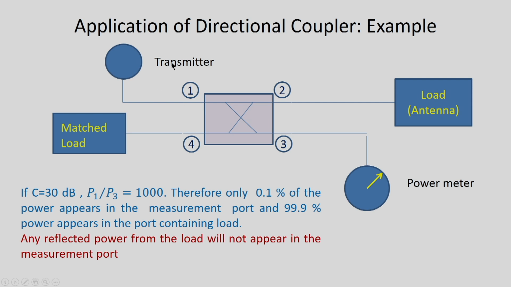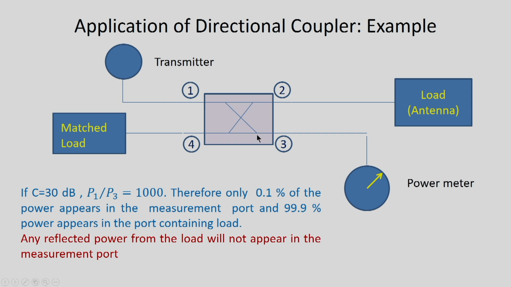Normally, this transmitter will send a large amount of power to the load, and by employing this directional coupler here, we sample a small fraction of the power in this port 3, where we perform the measurement by connecting a power meter, and we put a matched load in the port 4.